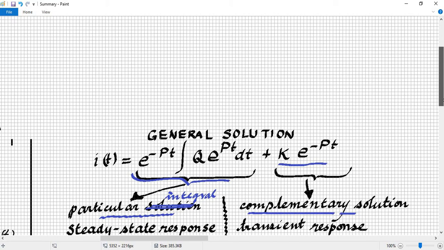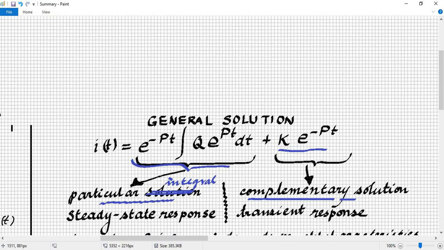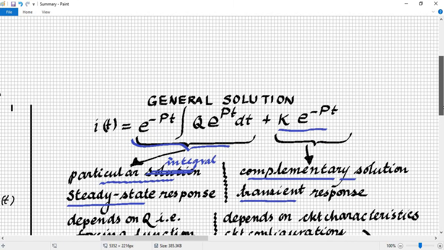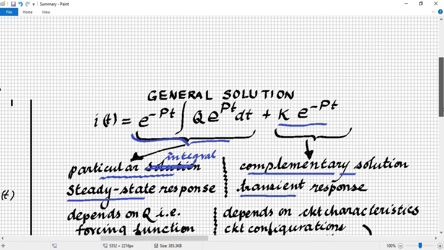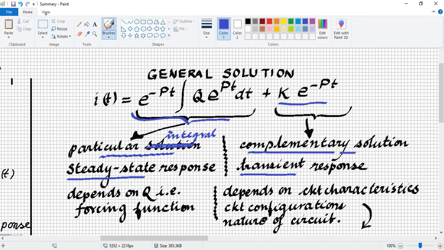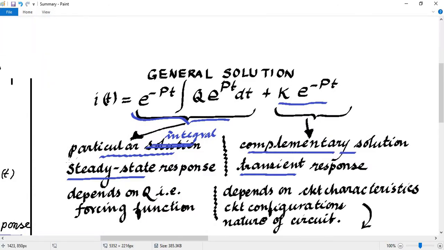Now these are also known as steady state response, the first part, and transient response, the second part. Now we can see certain properties, some points related to these two parts of the solution. The first part, which we call the particular integral, depends on Q. What is Q?